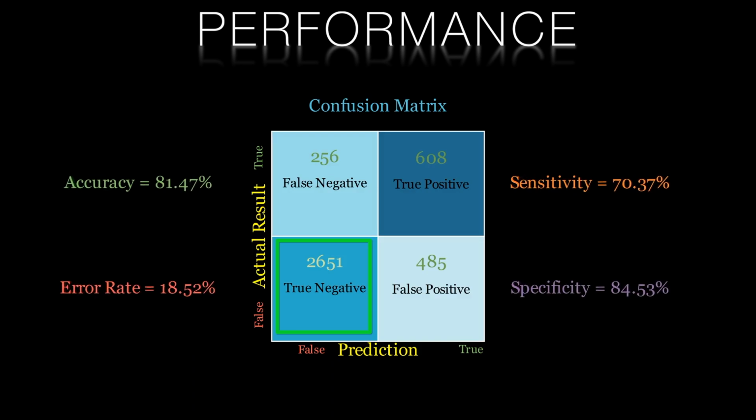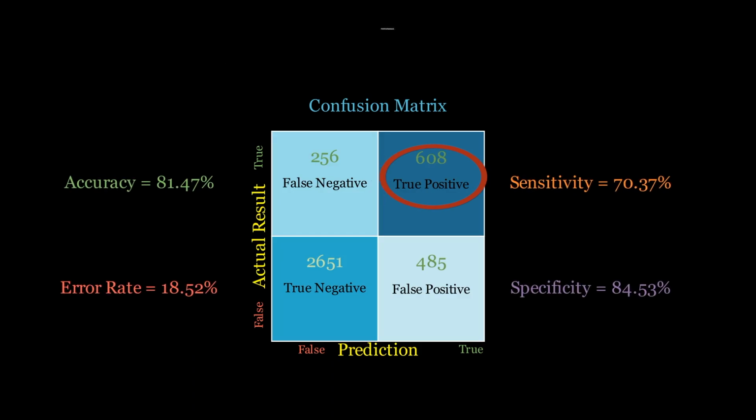In the lower left, the SVM correctly identified repayers. The other two quadrants, the SVM got it wrong. Here we see false positives and false negatives. Our best results show an accuracy of over 81%. This type of information can help credit officers in focusing their attention on the applicants most likely to default.